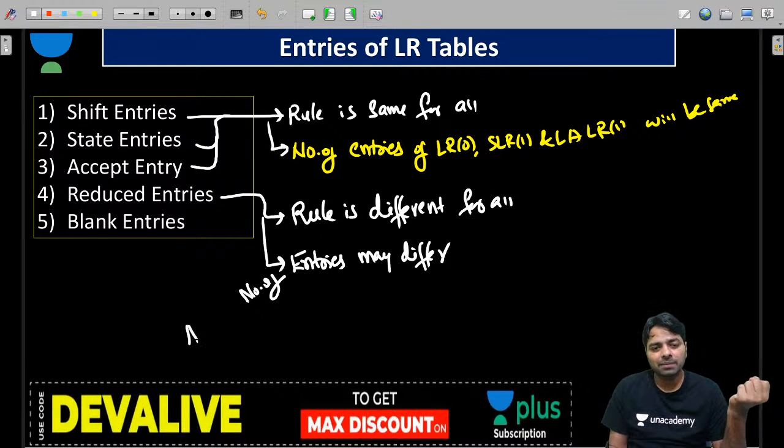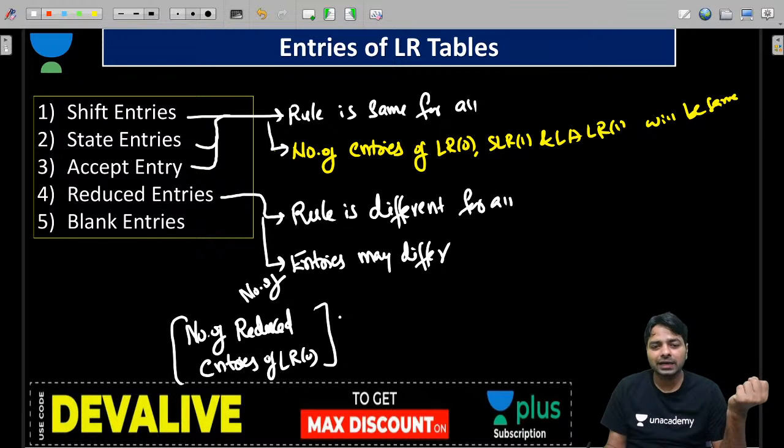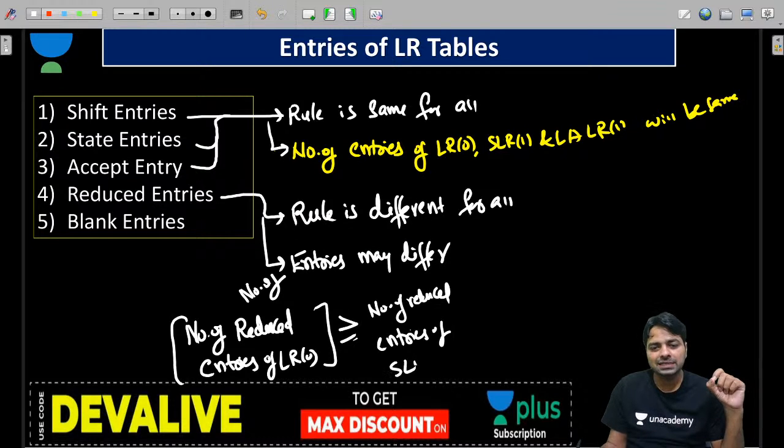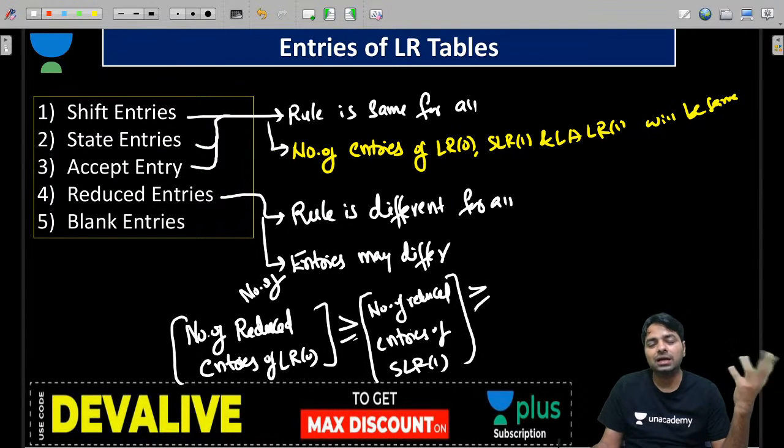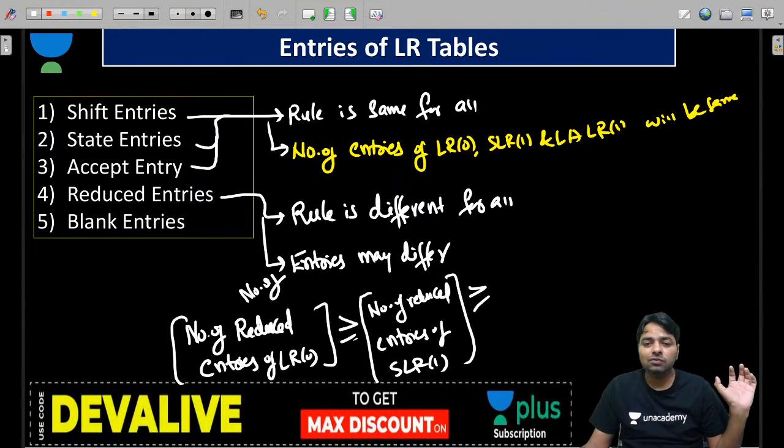Like this. Number of reduce entries of LR0 will be greater than or equal to the number of reduce entries of SLR1. Opposite, guys. Previously they were equal in shift and state, but here greater than or equal, because SLR1 will reduce some of them, since you will follow the grammar, you will follow the paths.